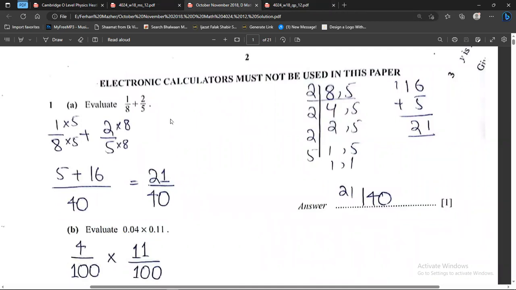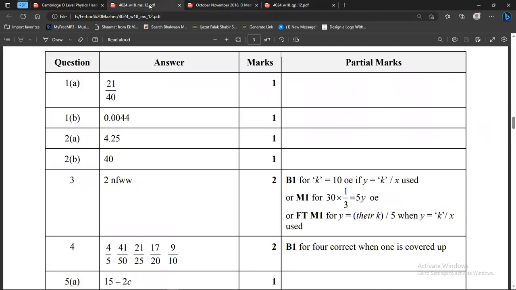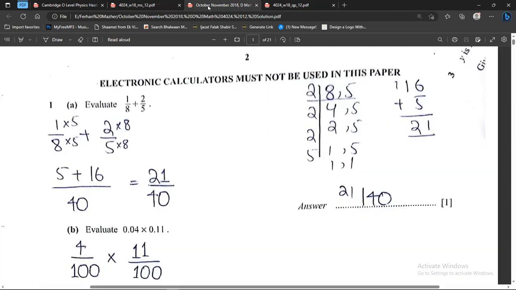For that purpose, the first fraction will be multiplied and divided by 5, and the second fraction will be multiplied and divided by 8. So you will have 5 by 40 plus 16 by 40. So it will become 5 plus 16 divided by 40, and that will become 21 by 40. So my answer is 21 by 40.